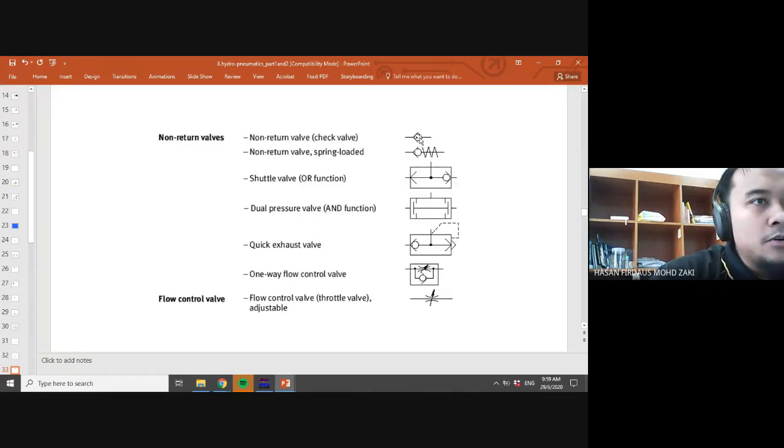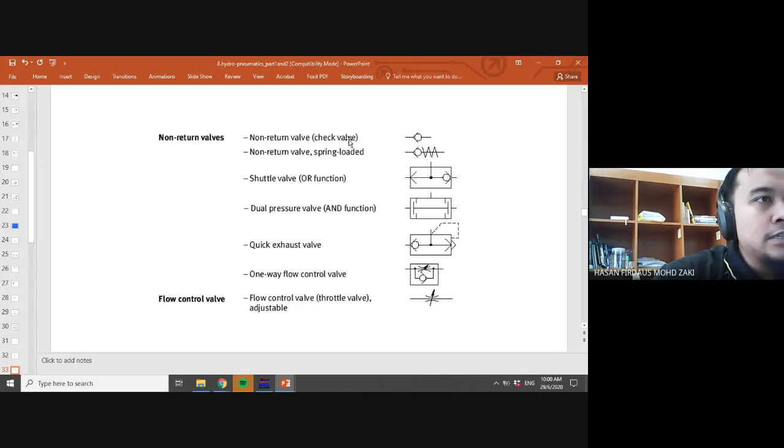If you have the signal from the right, this one will close the flow from right to left, so you cannot have flow from right to left. You only have the flow from left to right. When you have the flow from left to right, this ball will release and give the way for the signal from left to right.